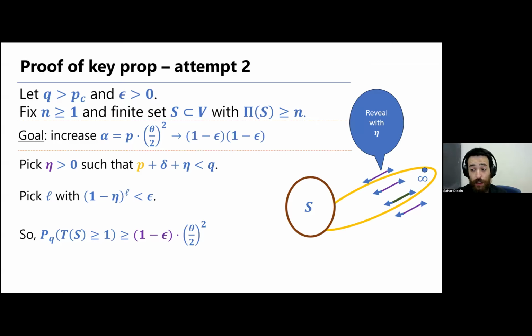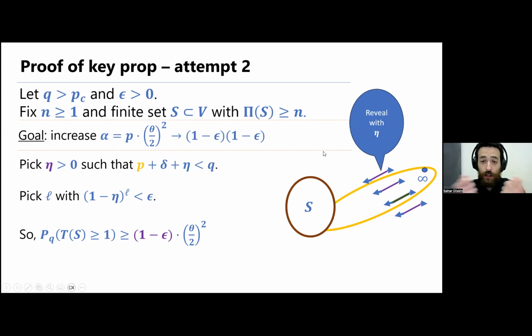And now observe that I can continue this thing because the only information I revealed at P is about this particular cluster. So as long as this cluster did not create too many touches with S, because pi of S is at least of size n, I can still find many new edges and continue revealing them with eta. The fact that I revealed eta percolation here does not affect anything else, and the fact I did P here does not affect the probability of the eta percolation.